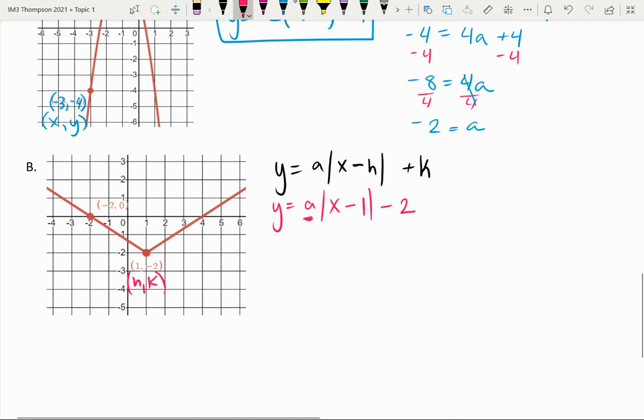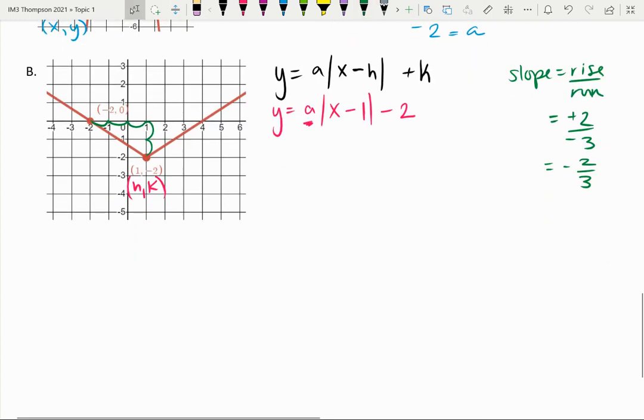Now I still need this a value. If I have a graph, I can just count. So rise over run, I would rise 2, and then to the left, 3. So I'd get a slope of negative 2/3 if I have a picture.